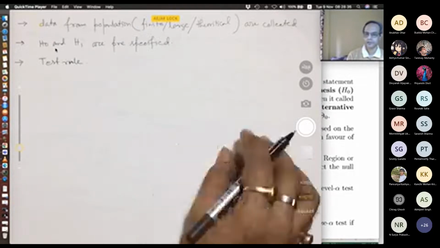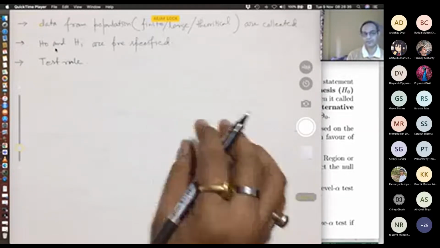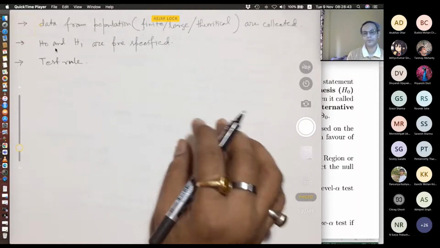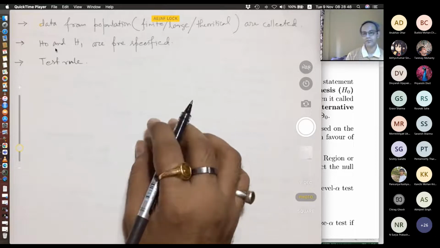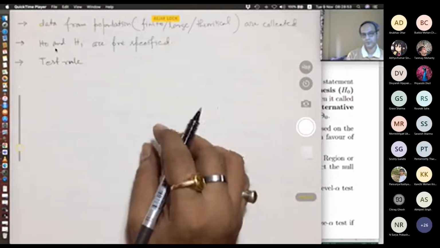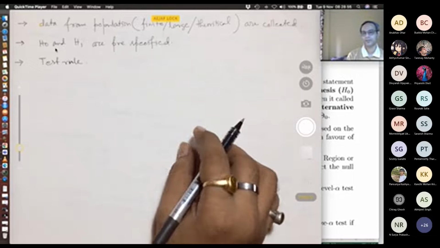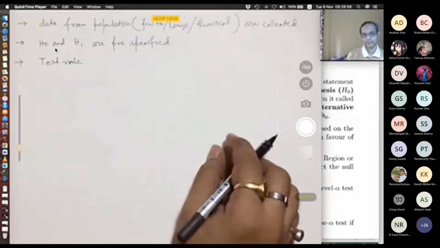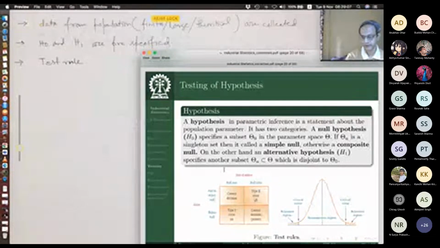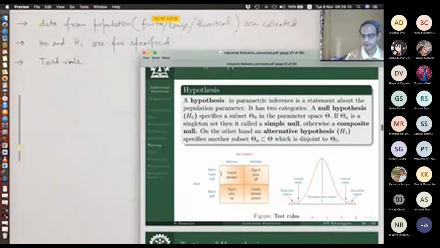H0 is true and you are going by H0, or H1 is true and you are going by H1. But there are other possibilities also. H0 is true and you are rejecting H0, or H1 is true and still you are going by H0. So these are the 4 cases that might happen. Here, this is an example. Is it visible? This box. Yes, sir.